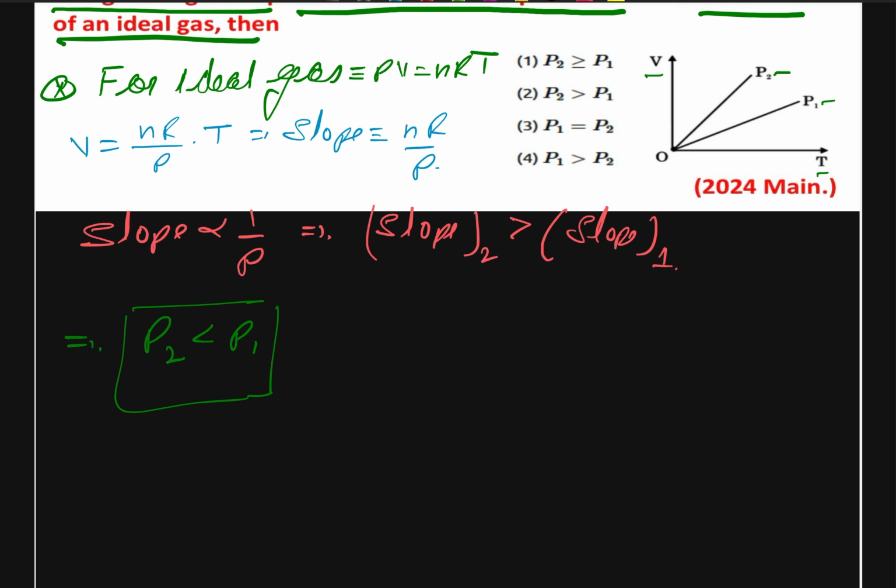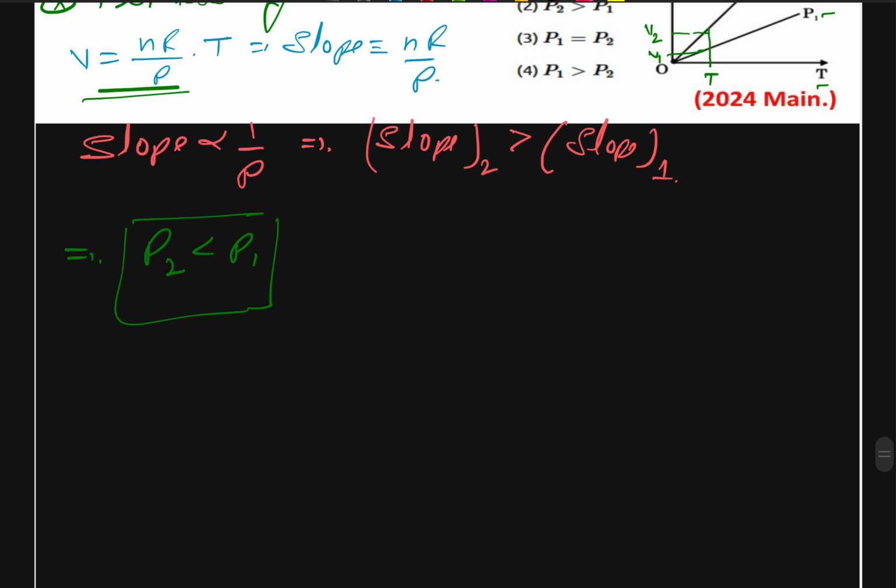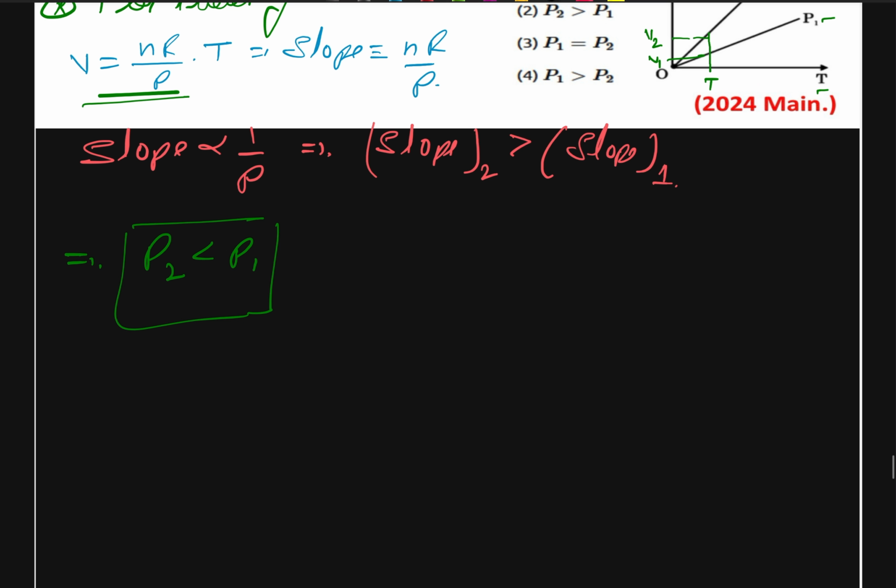And if possible, we can also say that volume is inversely proportional to pressure, because if this T is constant, then this is our V2 and this is our V1. And from this equation, I think this can also work.